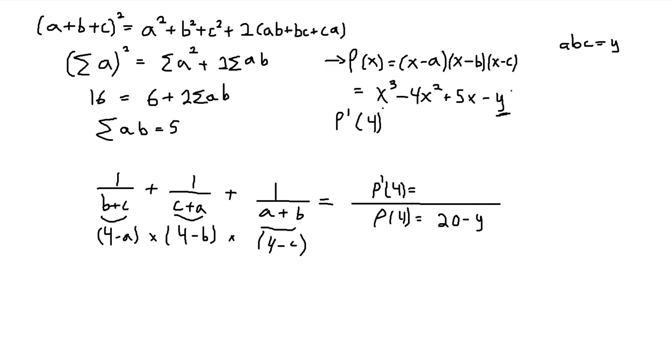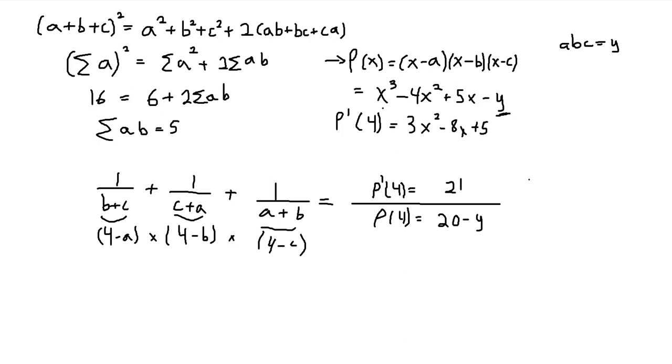I know I shouldn't use y as a constant, but y is a constant, so it goes away if we take the derivative. And so p prime of x is just 3x squared minus 8x plus 5. And if we evaluate this at 4, I believe we get 21.